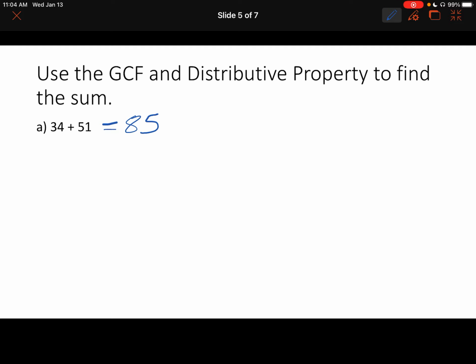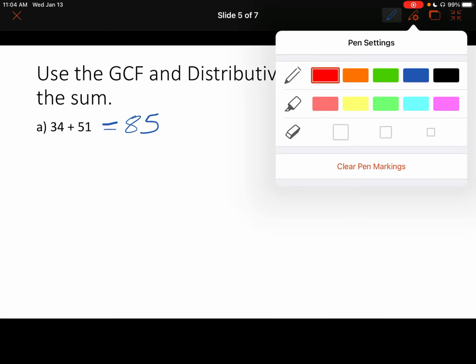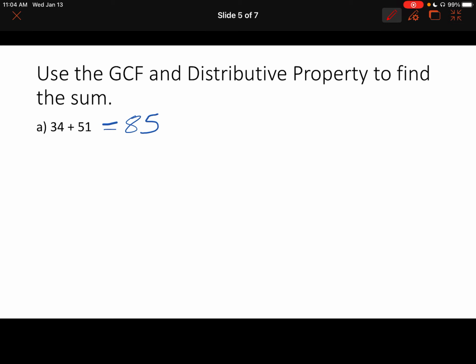The first step is to find the greatest common factor of 34 and 51. So we're going to do prime factorization of both. 34, that's an even number, so we know 2 times 17.